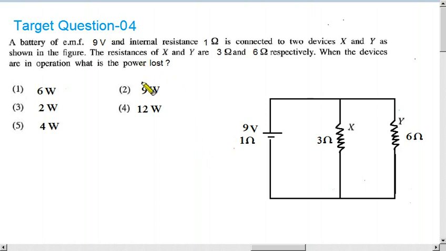I think you have found the answer. Now I am going to solve it.